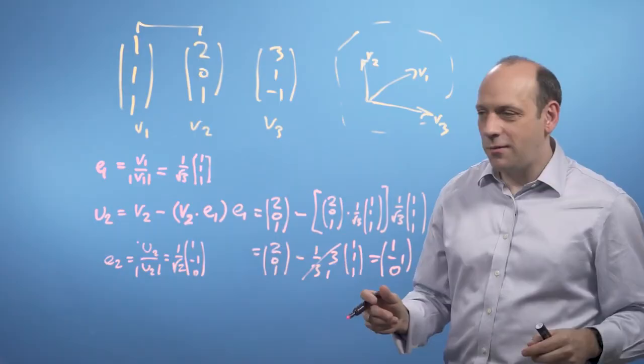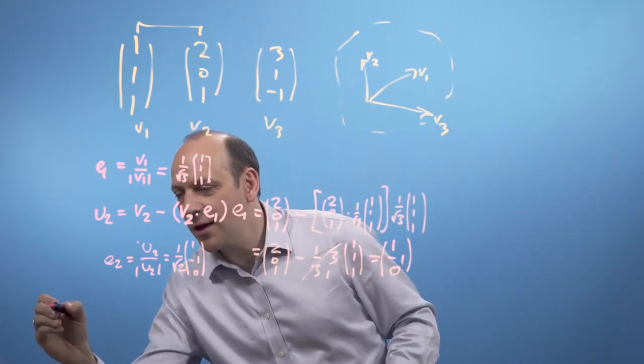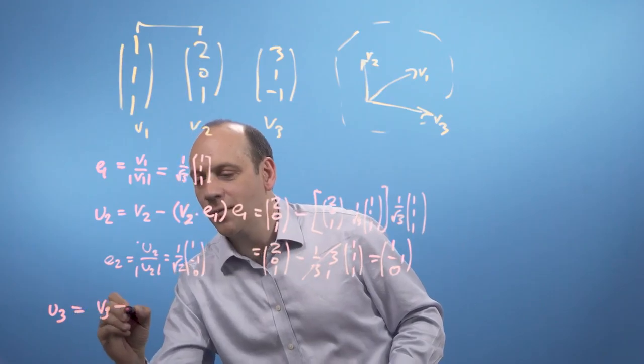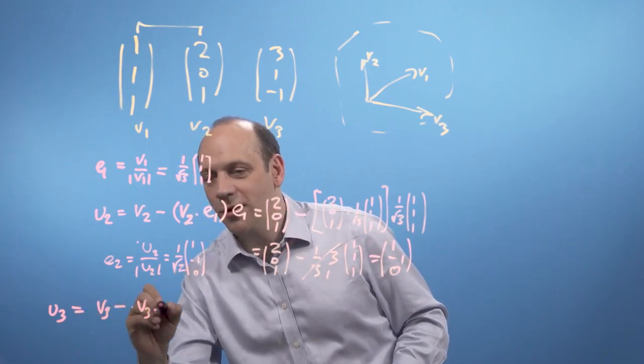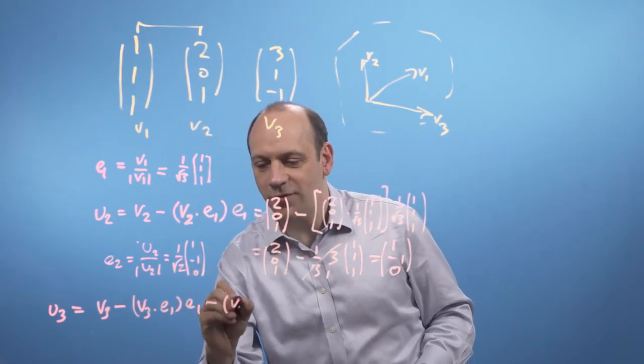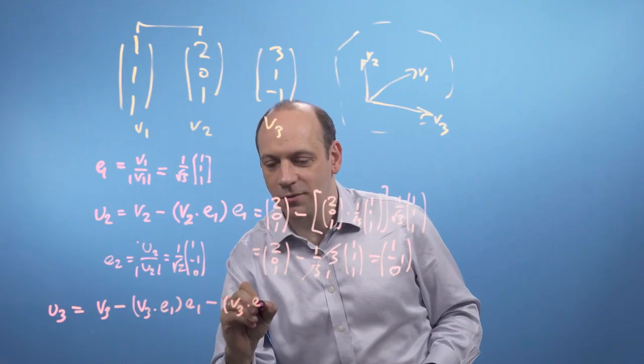So then I just need to find u3, and I can do the same again with u3. I can say that that's equal to v3 minus the projection of v3 onto e1 minus the projection of v3 onto e2.